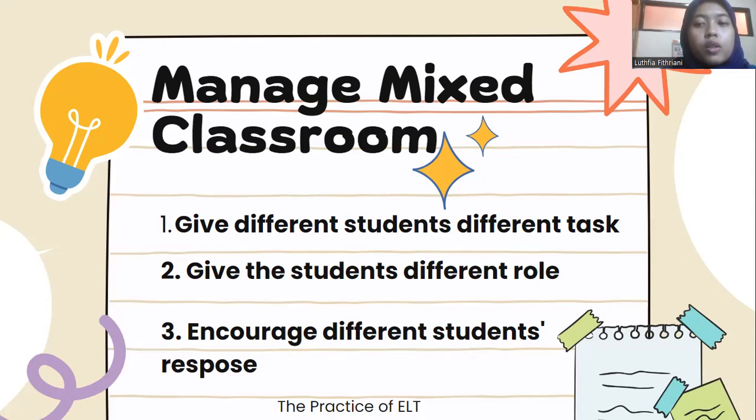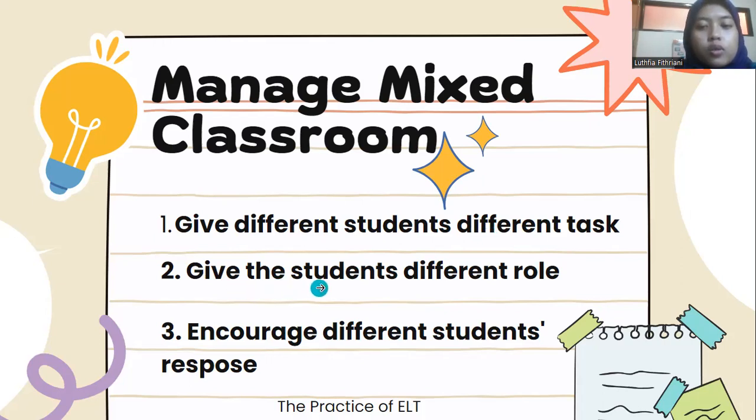And then the teacher will give the groups the same reading passage with different questions. For example, for the beginners group, the teacher will give simple questions, and for the advanced group, the teacher will give the hardest questions.